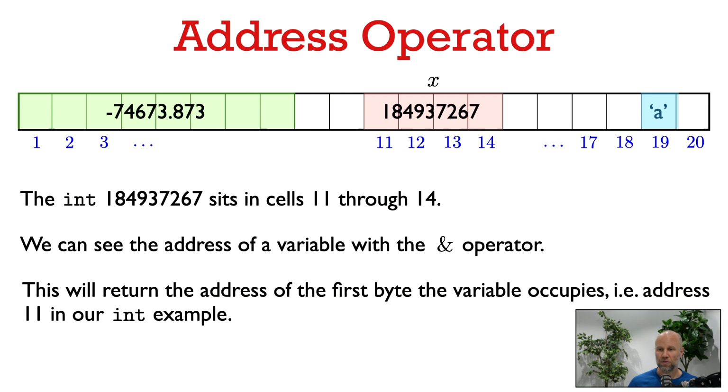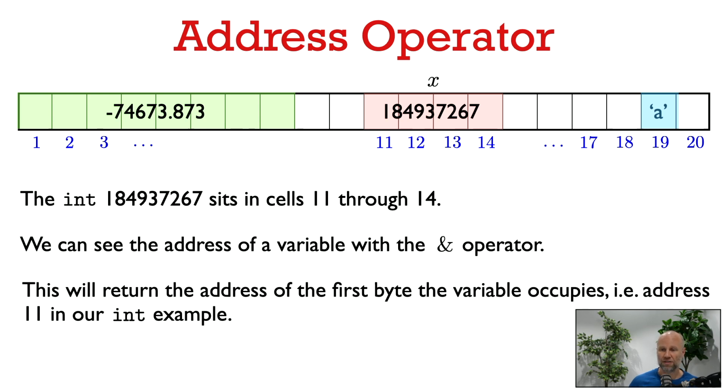So in this example, let's say that we have an int variable named x, which is the number 184937267, and that's sitting in cells 11 through 14 of our memory. So at addresses 11 through 14. And in C++, we can actually see the address of a variable with the ampersand operator.